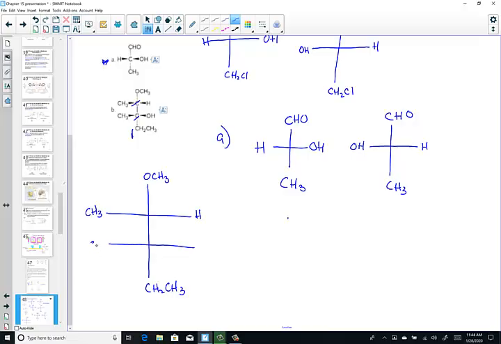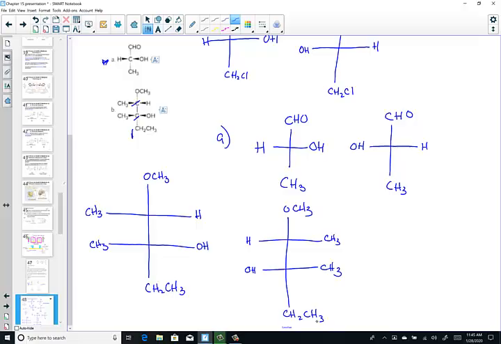Chiral carbon number 2 has a methyl to the left, hydroxyl to the right. Its enantiomer would simply flip whatever is on the left to the right. We're drawing its mirror image, keeping the vertical axes the same and flipping the horizontal axes to the mirror image.